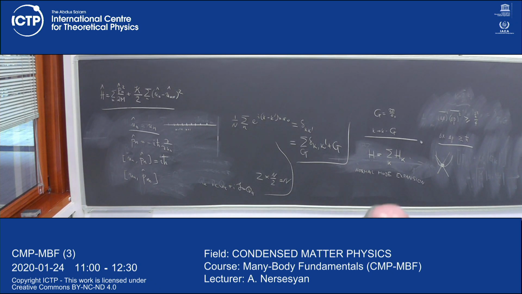For a single oscillator, we have the Hamiltonian, we have the wave function in coordinate representation. We write down something like this, where H is minus h-bar squared divided by 2m, d squared over dx squared, plus m omega squared x squared divided by 2. That's it, the Hamiltonian of the harmonic oscillator, and the wave functions form a Hilbert space.